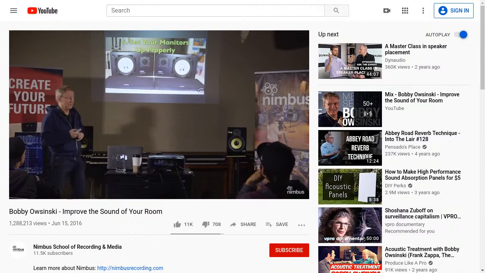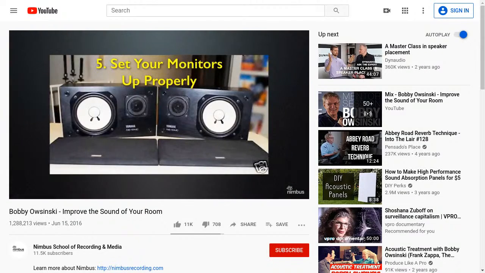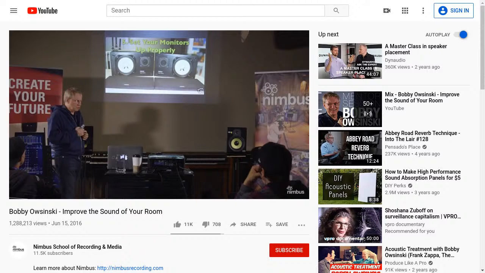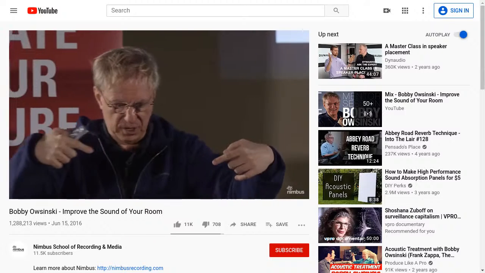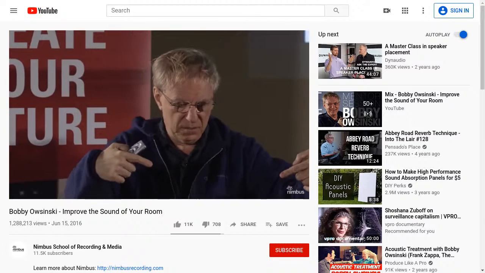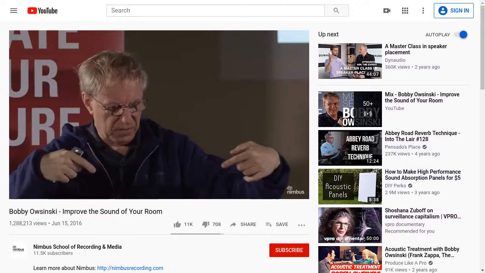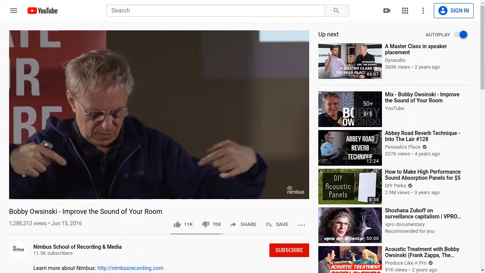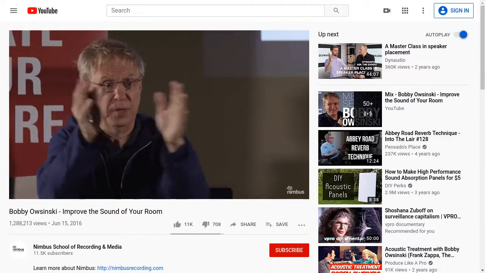Oh, here's another thing. Take notice of the position of the tweeters. Is this good or bad? They're to the inside. Good or bad? Yeah, it's generally bad to have the tweeters on the inside. There are 2 reasons. First of all, your stereo field will be a lot more narrow.